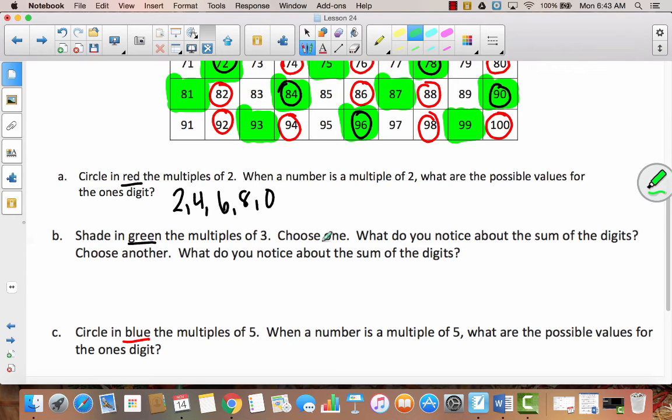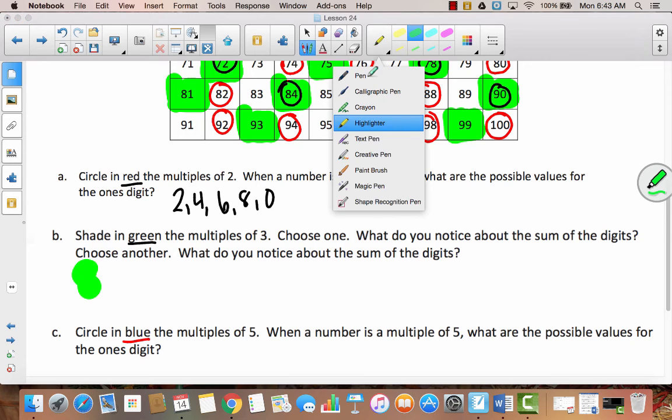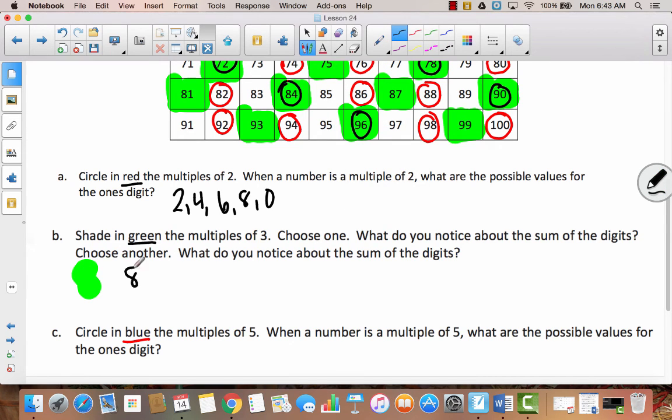Okay, choose one. All right, so let's choose 81. I'm going to choose 81. So 81, let's go back to a pen here. 81, so the digits are 8 and 1, so that would equal 9. All right, choose another. All right, so let's choose 96.